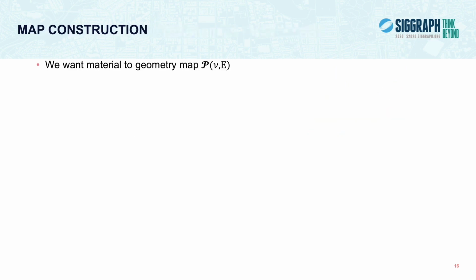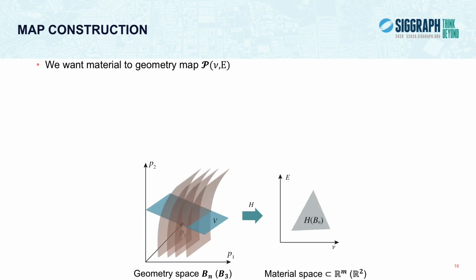Our objective is to obtain a map from isotropic properties nu and E to our geometric properties. In this figure, we represent the homogenization map that we want to invert, using an example with lower dimensions than our case. Here, we have our geometry space B^n with 3 parameters, P1, P2, and P3. The homogenization map H here maps B^3 to an isotropic material space with 2 dimensions.